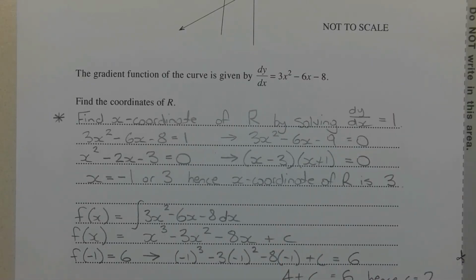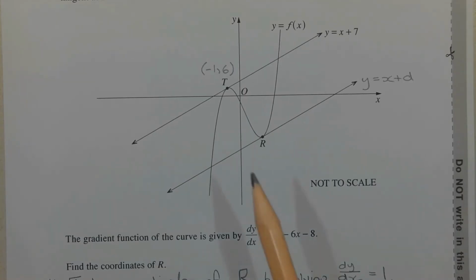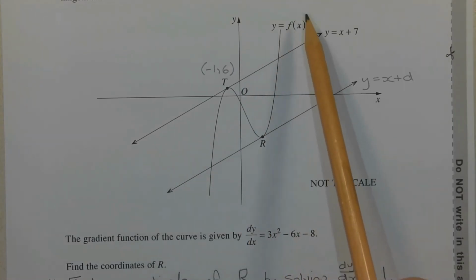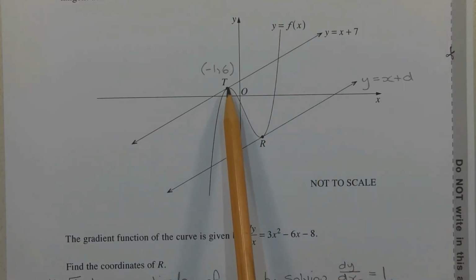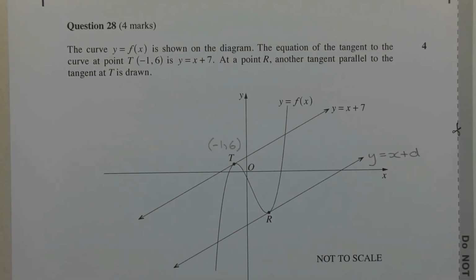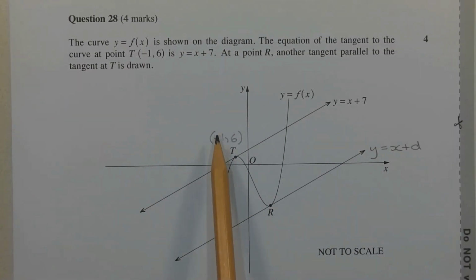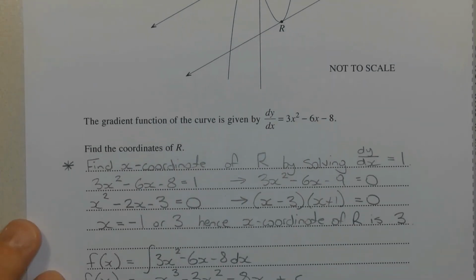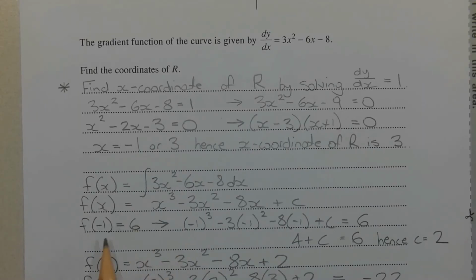Now what we do know is that the graph of y equals f of x passes through this point here, and that's given in the question, which is the coordinates of point T. So when x equals negative 1, y is equal to 6. Or put another way, f of negative 1 is equal to 6.